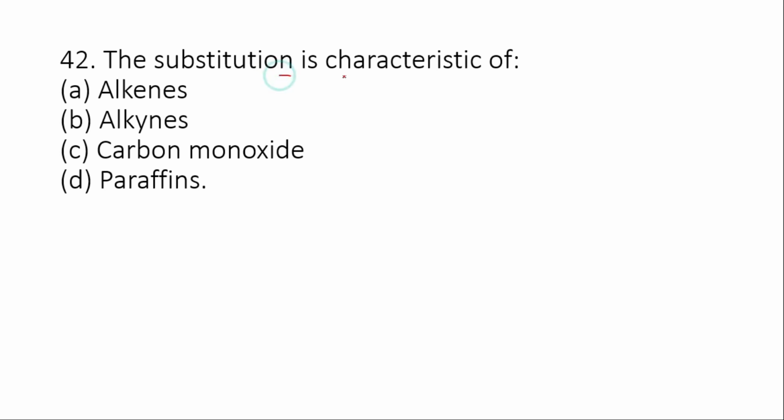The substitution is characteristic of, see, here we are provided with a few examples: alkenes, alkynes, carbon monoxide, then paraffin. Let's understand what exactly alkene and alkyne are. Alkenes are compounds of carbon with double bonds in them.